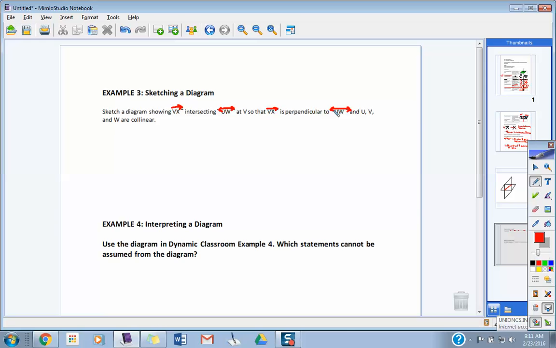Sketch a diagram showing ray VX intersecting line UW at the point V, so that VX is 90 degrees to the line UW, and U, V, and W are collinear.